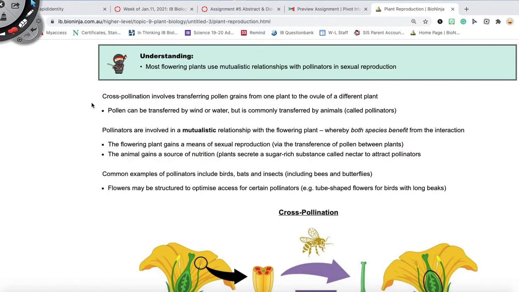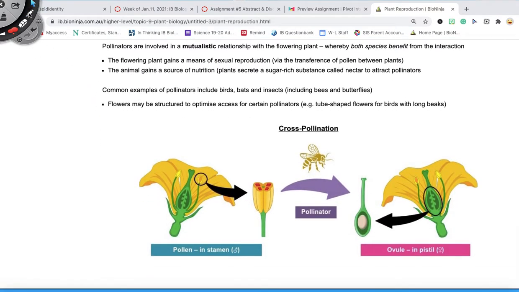So the common examples of pollinators, which I'm sure you know some examples already, are birds, bats, and insects, including bees and butterflies. So the flower structure is optimized so that these pollinators can gain access to the nectar and can gain access to the pollen.